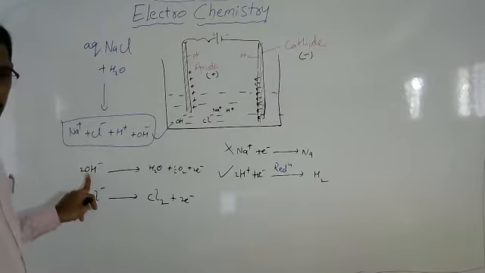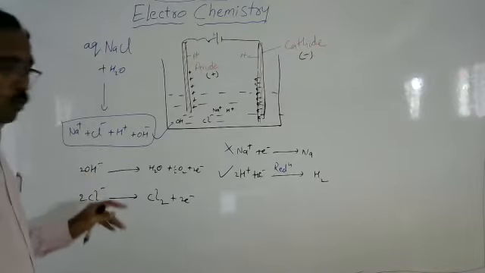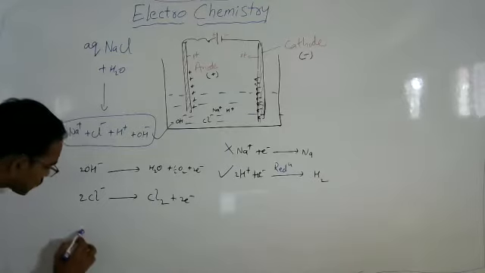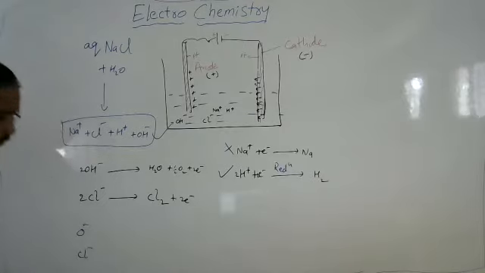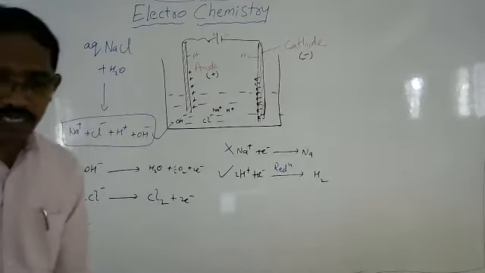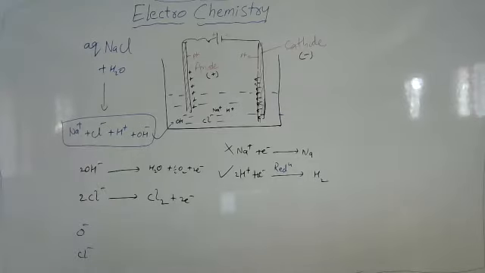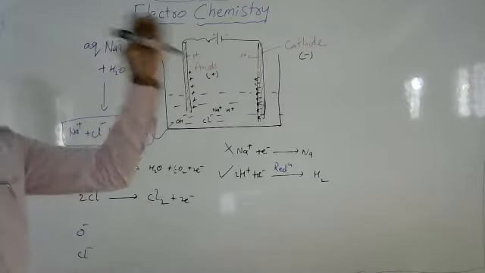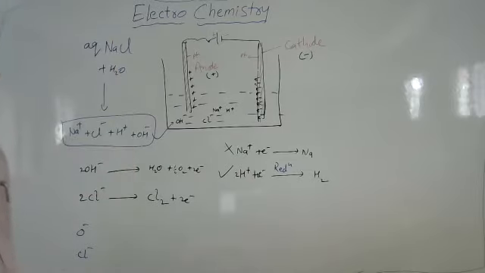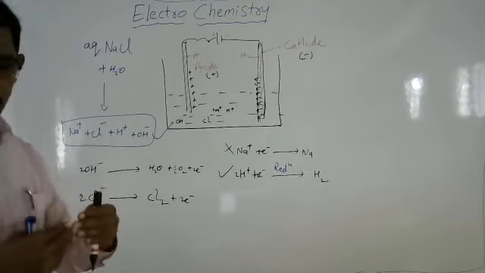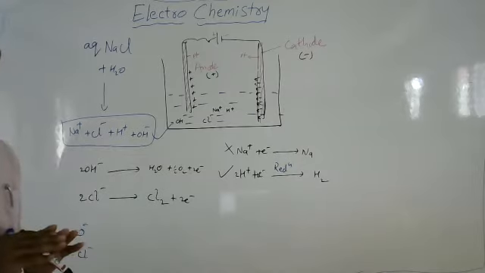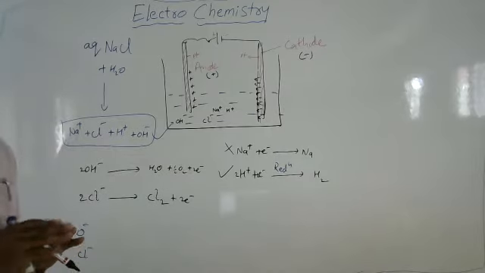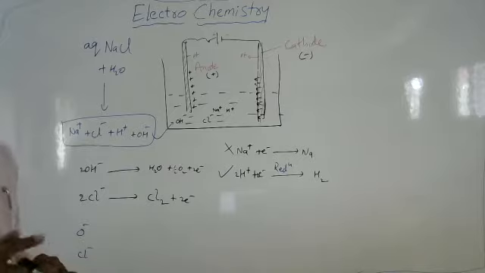In that case, see, oxygen is minus, O- and Cl-. Which is more stable? Which is ready to lose the electron, O- or Cl-? In the periodic table, the most electronegative atom is fluorine. Fluorine always takes electrons and keeps them with it. The second highest electronegative atom is oxygen.